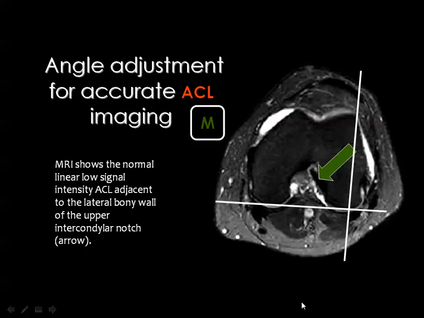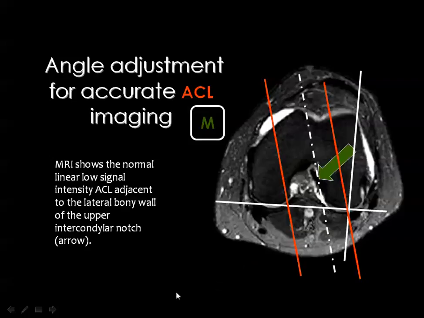Then from this perpendicular line, you select an angle about 10 degrees towards the medial aspect of the knee, towards the medial side of the knee. Then if you are cutting the sagittal images like this, you will definitely cut the course of the anterior cruciate ligament, and if it is present, it will be shown clearly in the images.